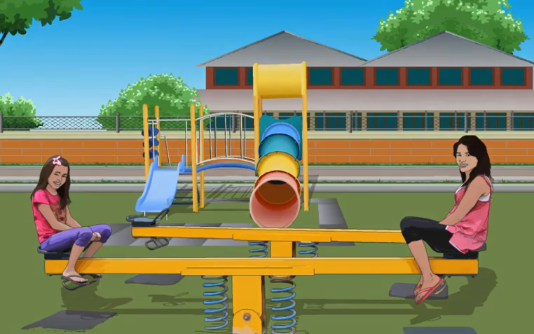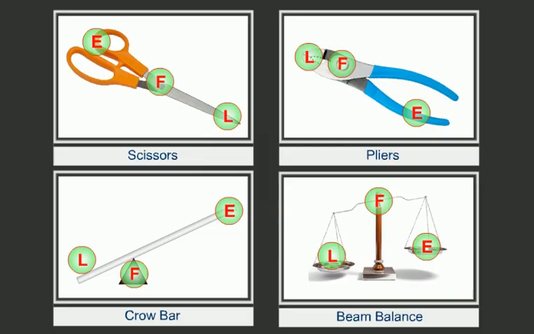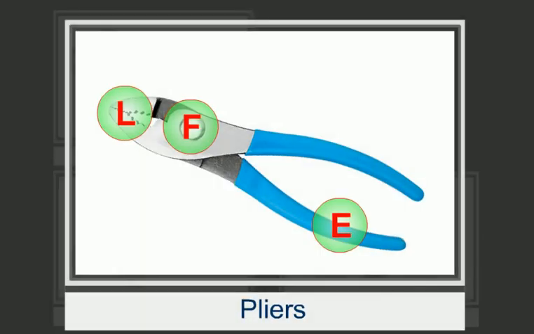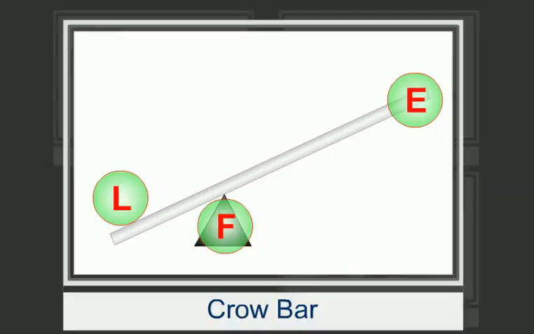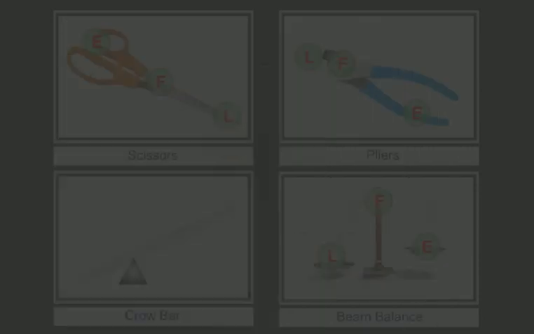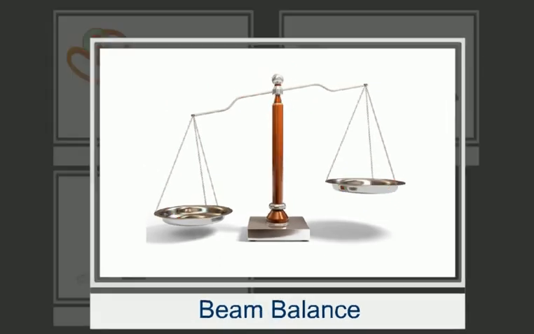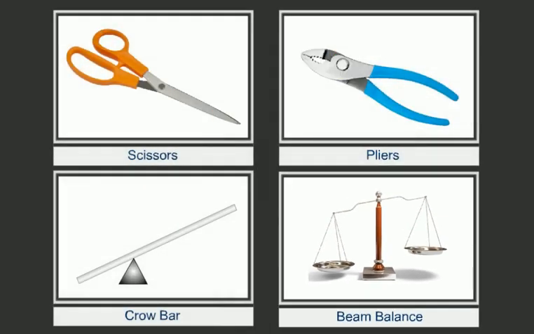Similarly, you can see the fulcrum in between load and effort in scissors, pliers, crowbar, beam balance, isn't it? Hence, these are some examples of first-class lever.